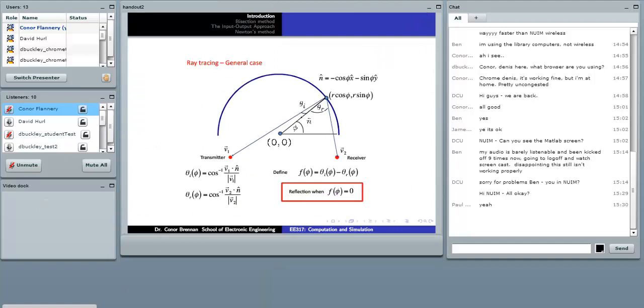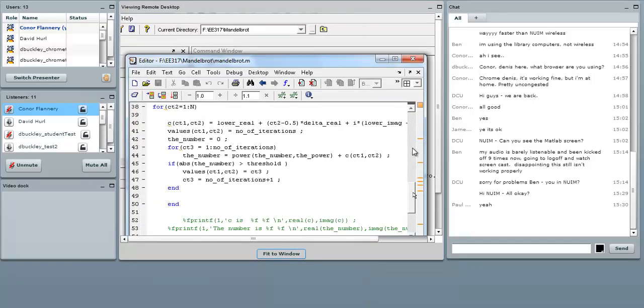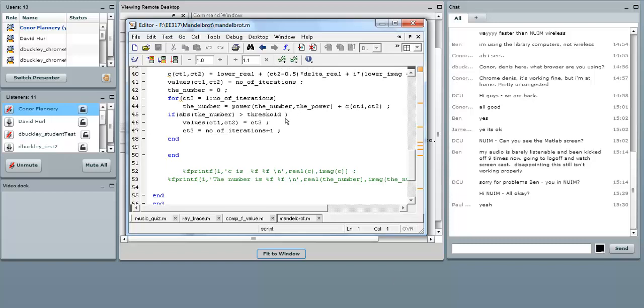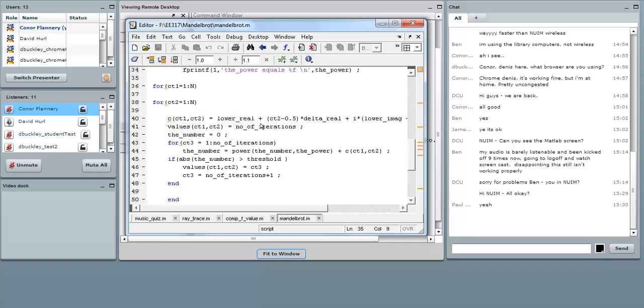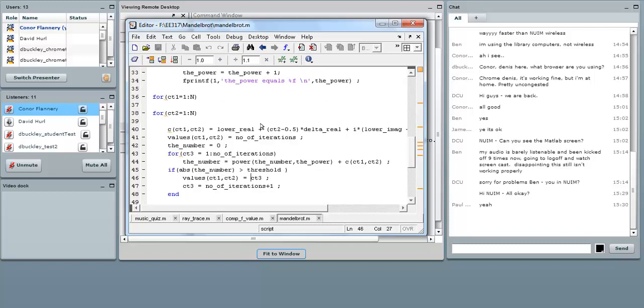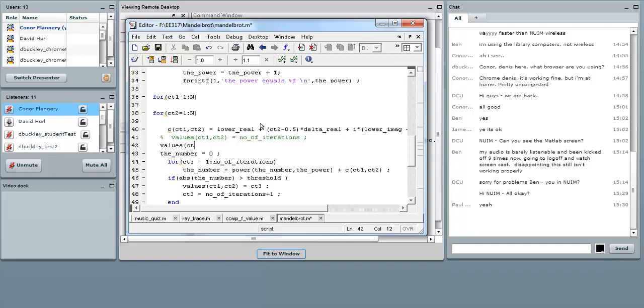Maybe I should just run this first of all, and then I can explain what it looks like. Let's run it first of all, and then I'll explain it. That's probably the best way to do this.